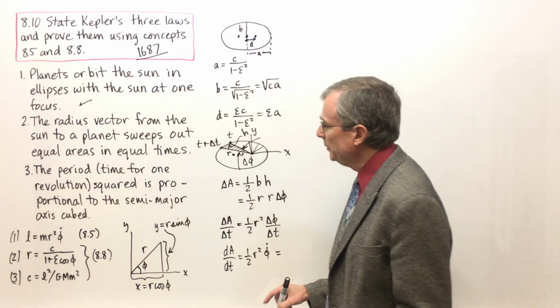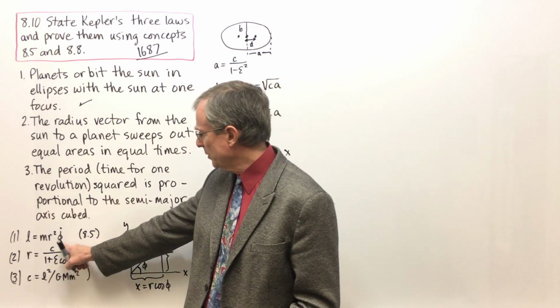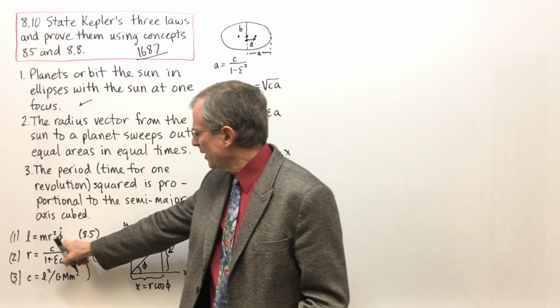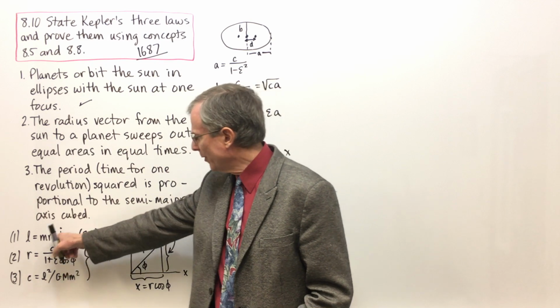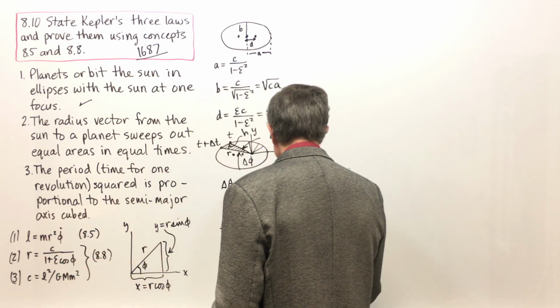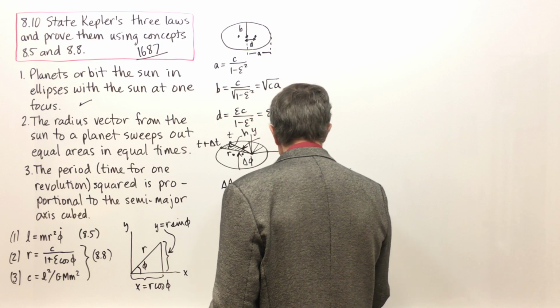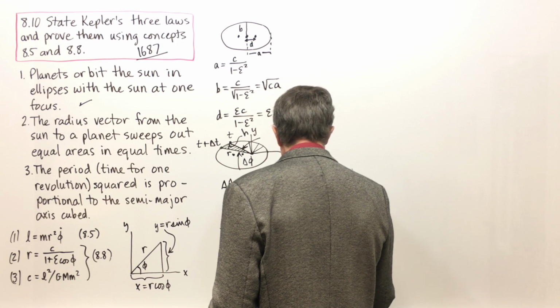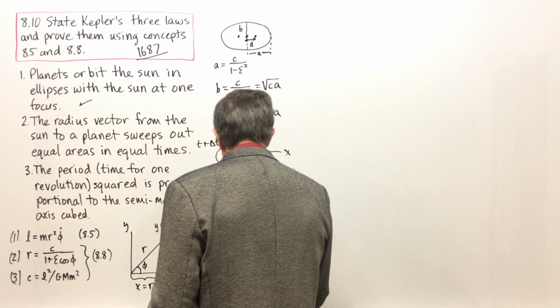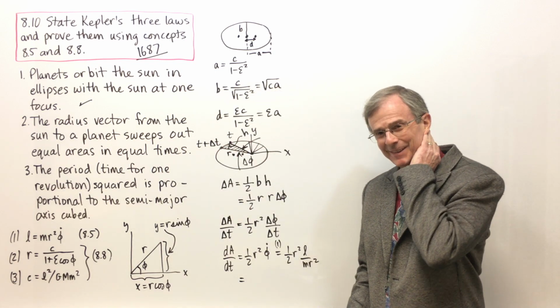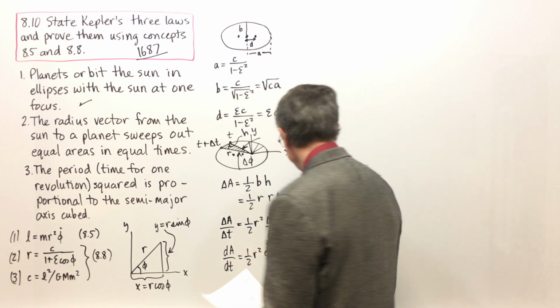And amazingly, we know what phi dot is from equation 1. Phi dot is L over m r squared. So lo and behold, amazingly, the r squareds cancel.